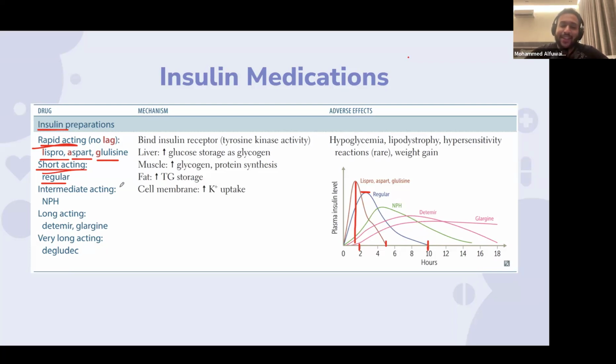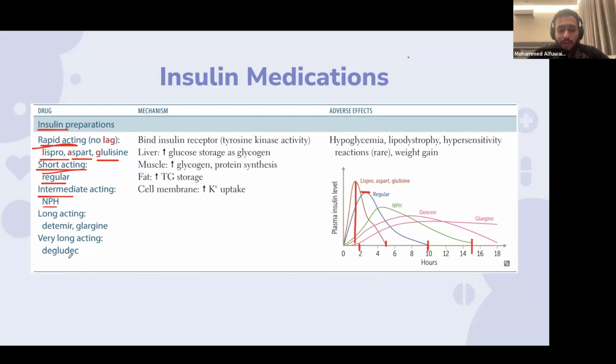Okay? Then you have intermediate, which is NPH, neutral protamine Hagedorn. Okay, intermediate acting insulin. It reaches its maximum effect around 4.5 to 5 hours, and then it dies down around 15 hours later. So this is NPH. Okay. Then you have long acting.